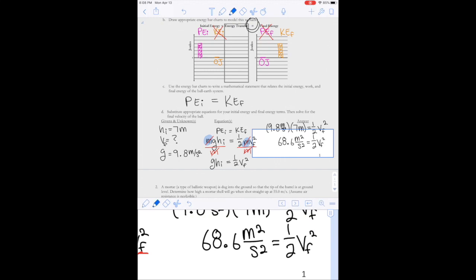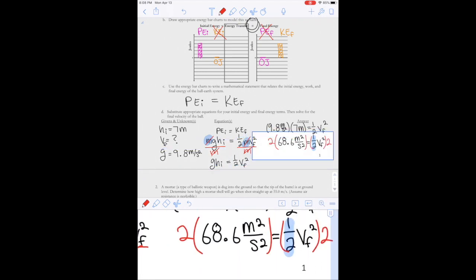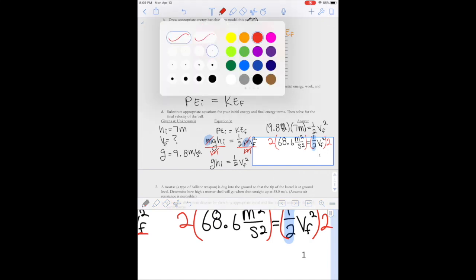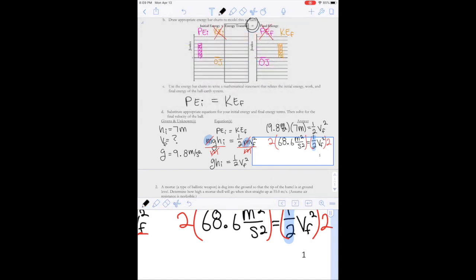Now I need to get rid of this 1/2, so I am going to go ahead and multiply both sides by 2. All right, and so that is going to give me 137.2.